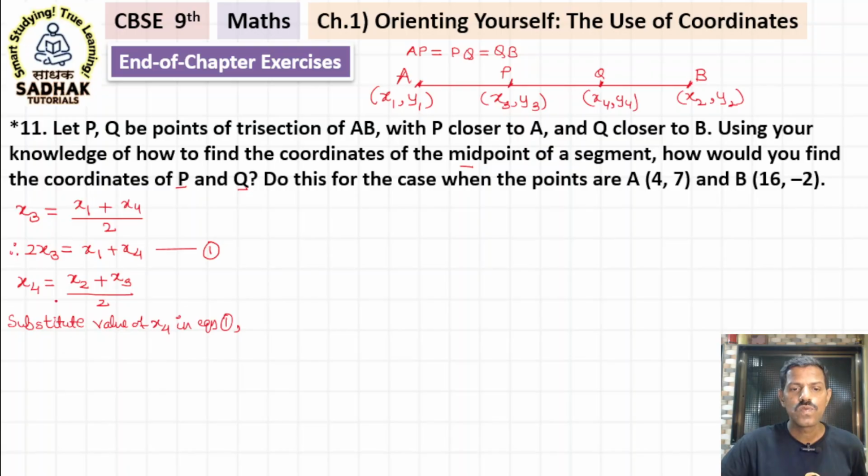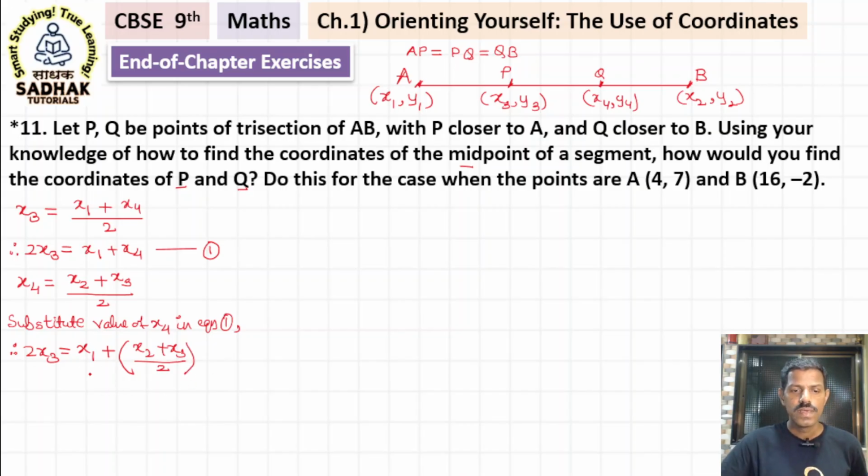So what will we get in equation 1? We will get 2x3 is equal to x1 plus, now instead of x4 we will write this fraction x2 plus x3 upon 2, right? That is what we will do.